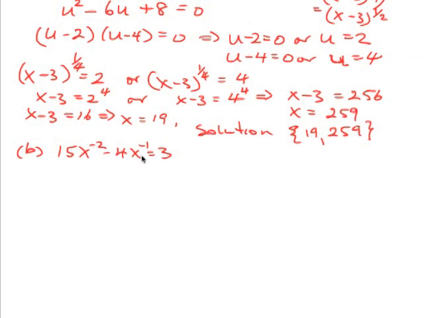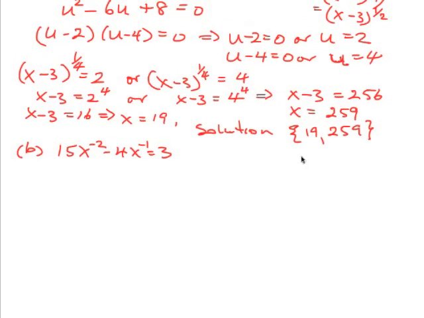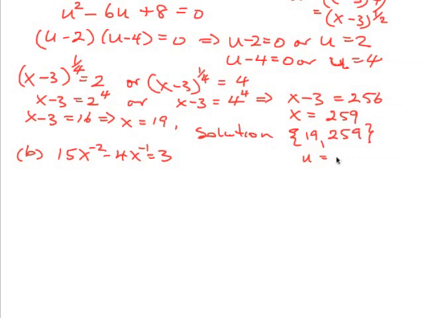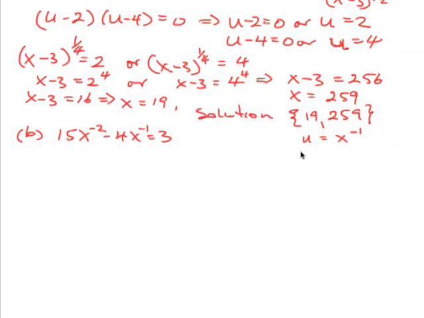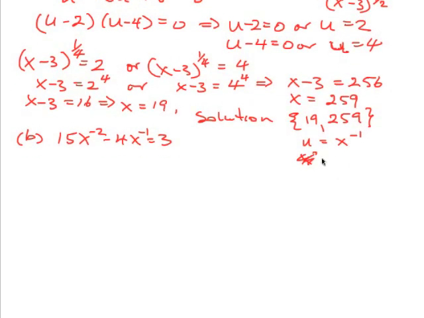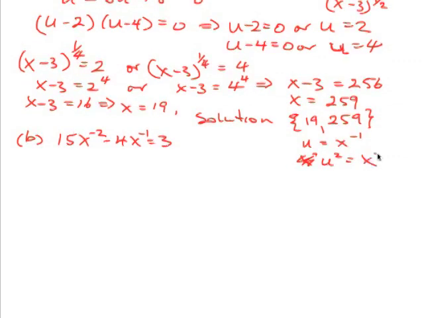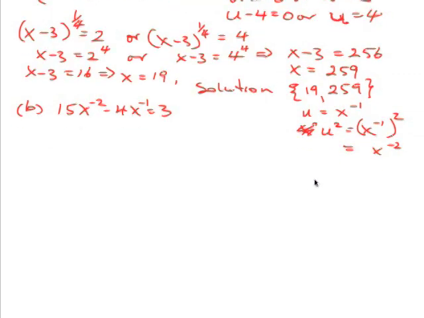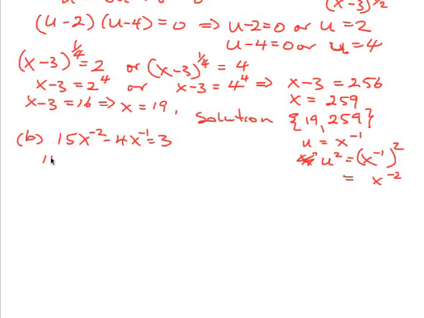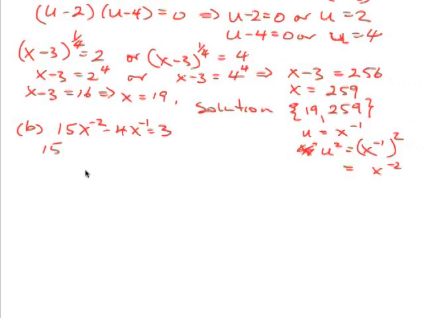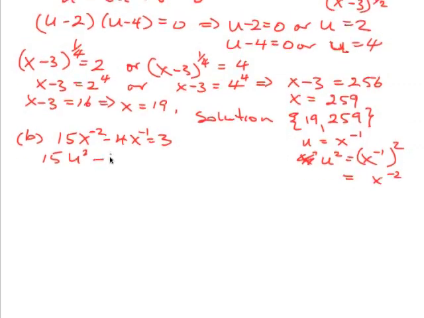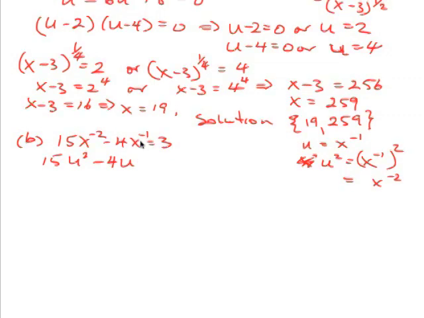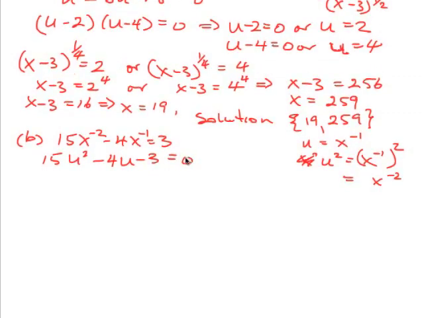Now here, of course, again, it doesn't look anything like a quadratic, but what if I was to use u is equal to x to the negative 1? Then u squared would be equal to x to the negative 1 squared, which of course is x to the negative 2. So if I now have this, I have 15 u squared minus 4 by u. Let's bring the 3 across and I have 0.